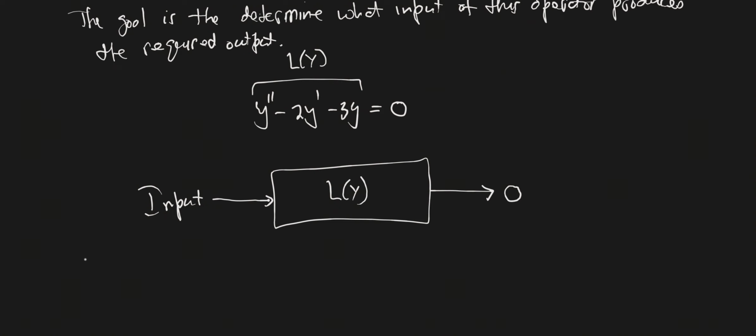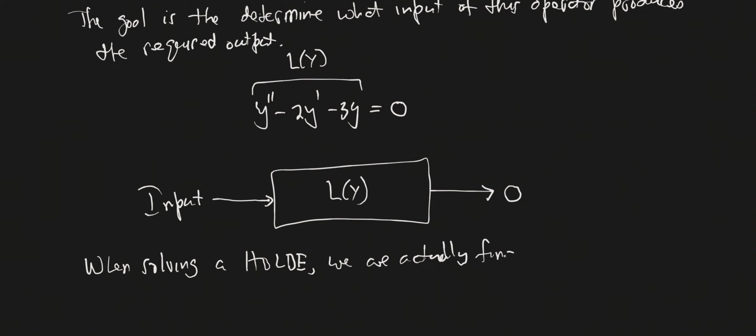So when solving a homogeneous DE, we are actually finding, remember there were two names that we gave it, the kernel, that's one L, or the null space.